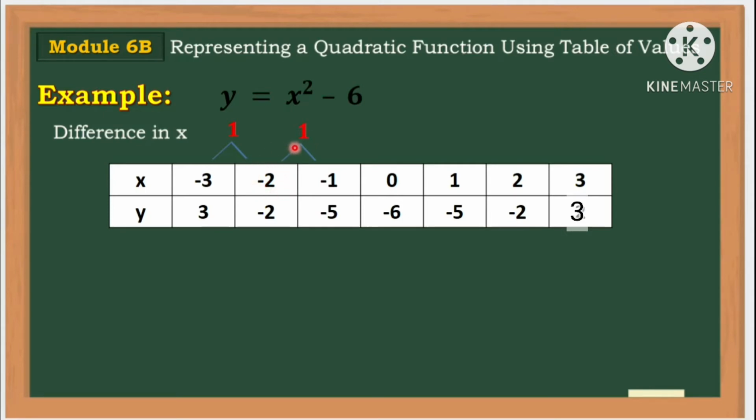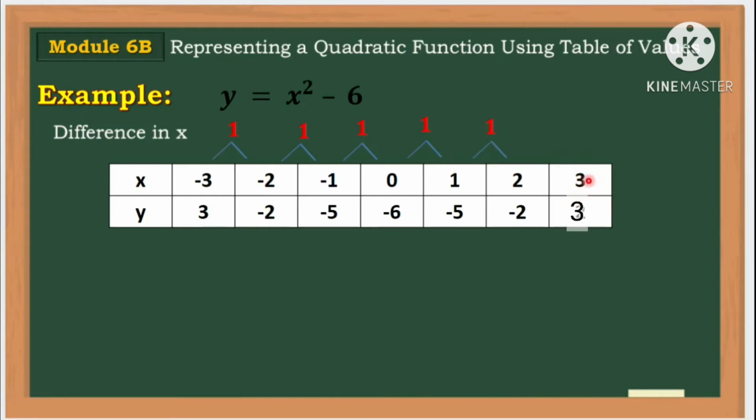So pag 0 minus negative 1, negative negative yon, magiging plus, kaya automatic 1. So here, 1 minus 0, syempre 1. Dito naman, 2 minus 1 will give us 1.